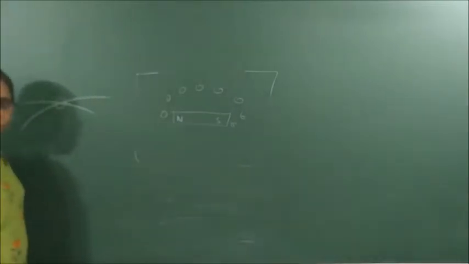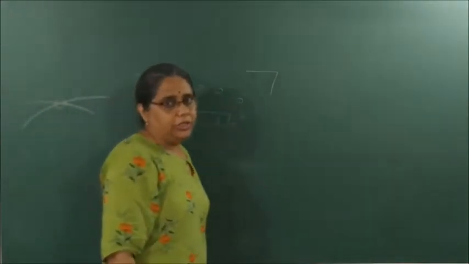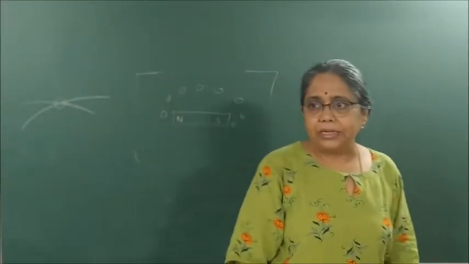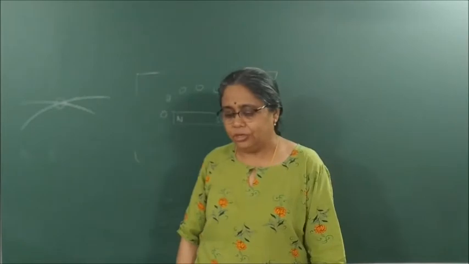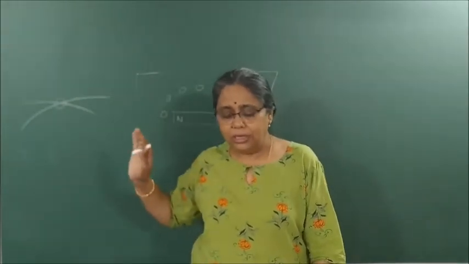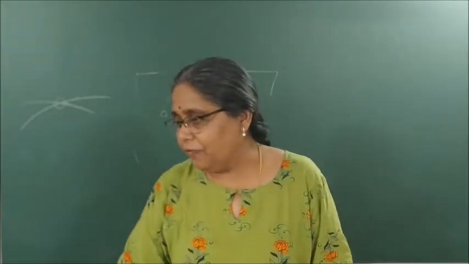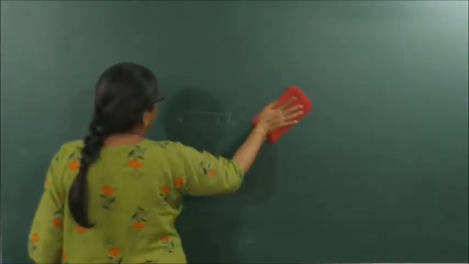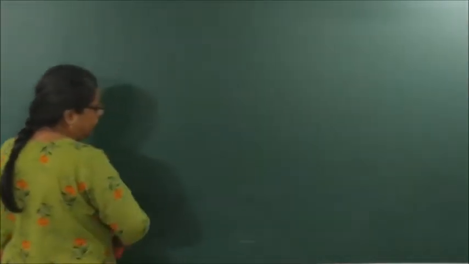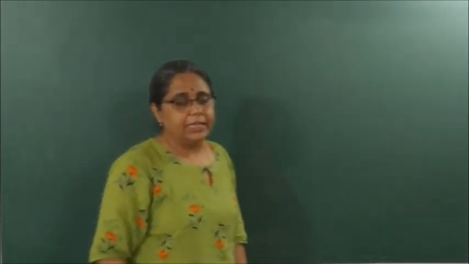Correct? Magnetic field is what quantity? Vector quantity and has both magnitude and direction. Correct? Now the next page. Magnetic field due to current carrying conductor. When you actually try to find magnetic field due to current carrying conductor, you use which rule?